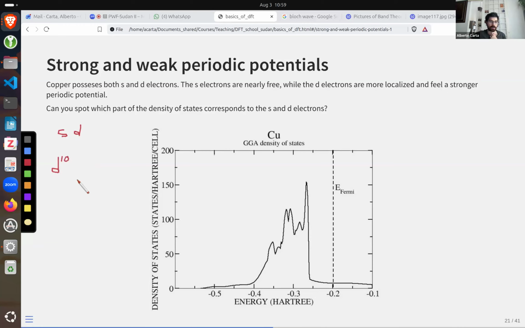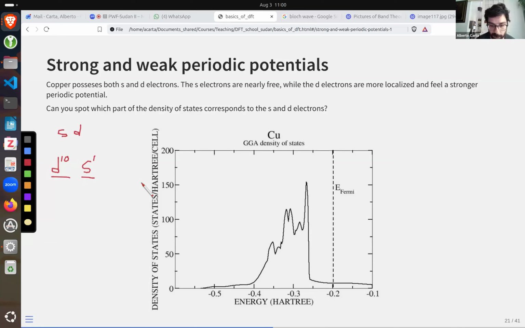If you look at the occupation of copper, I think copper is D10 S1, so there are 10 electrons in the D shell of copper, and then 1 electron free in the S shell. So the question I want to ask you is, by looking at the density of states of copper, what states, in your opinion, are more S-like, and what states are more D-like?